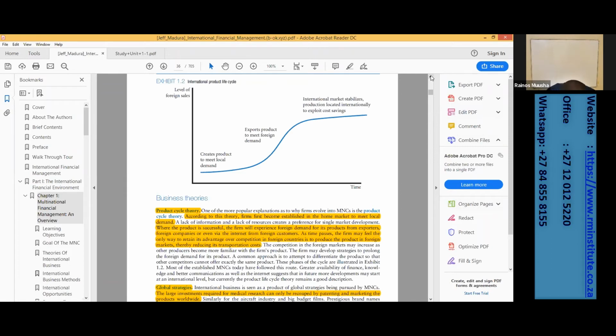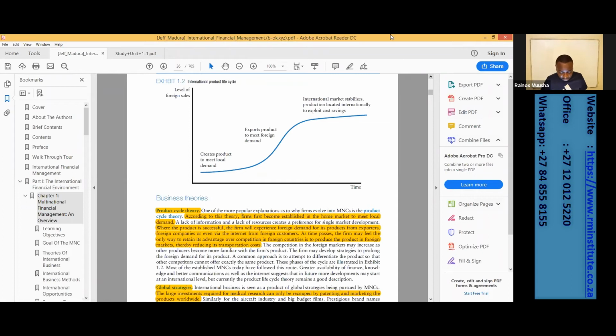So as time passes, the firm may feel the only way to retain its advantage over competition in foreign countries is to produce the product in foreign markets, thereby reducing its transportation costs. So here we're saying, when it comes to the product life cycle theory, initially the firm produces the goods or service to meet the local demand.